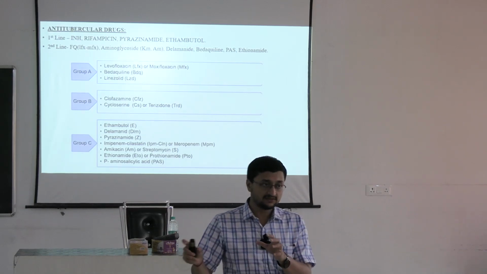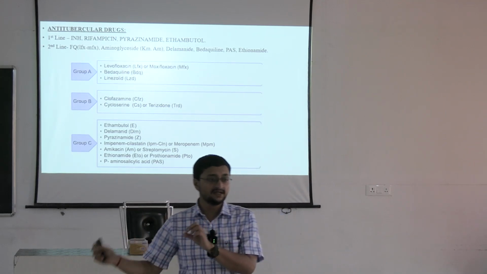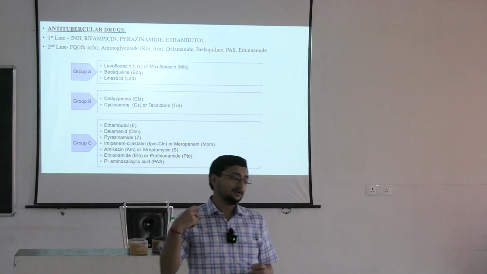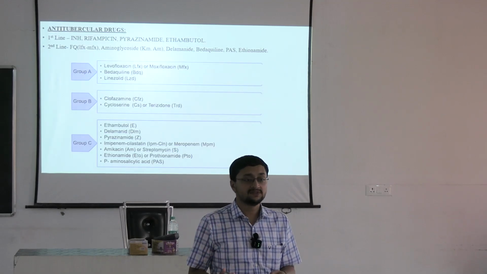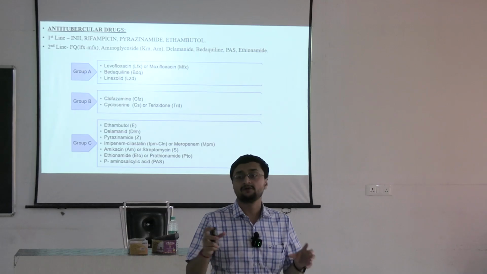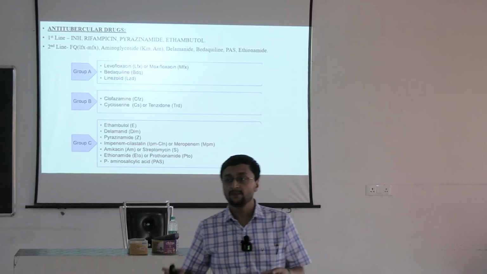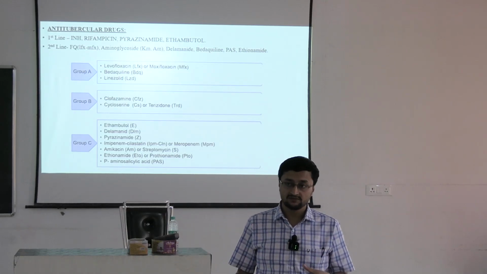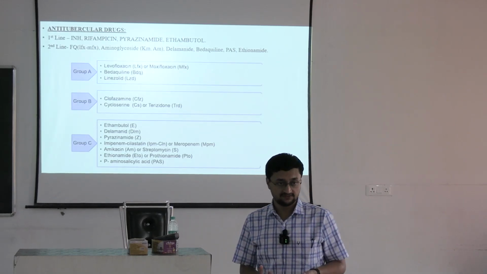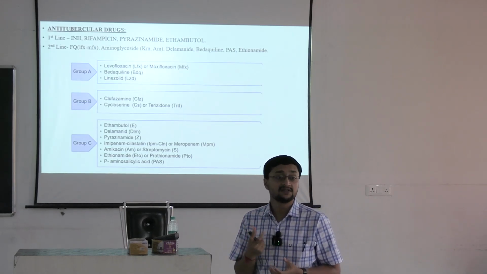So this reaction, isoniazid to isonicotinic acid formation, leads to an increase of reactive oxygen species that inhibits mycolic acid formation. That is part of the cell wall, right? So isoniazid is a bactericidal agent.